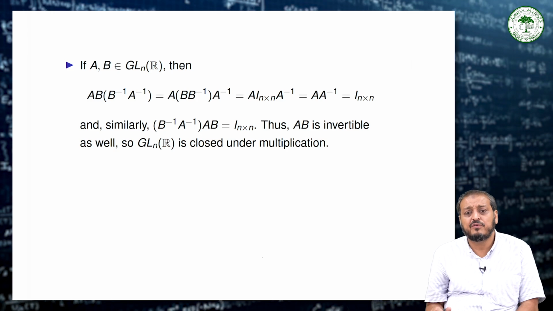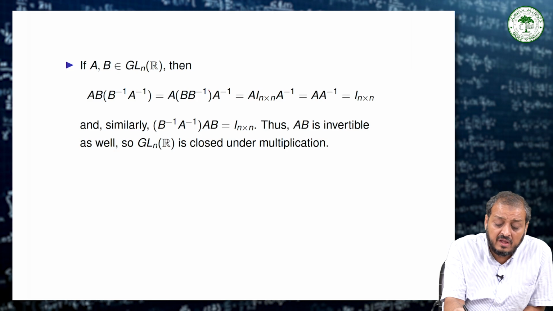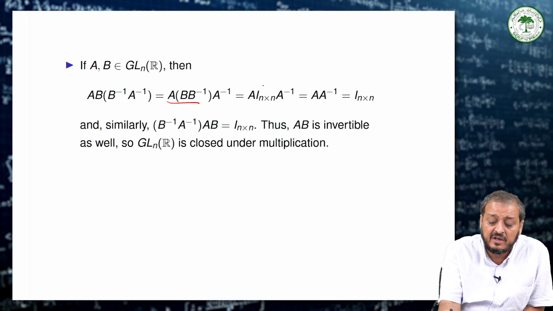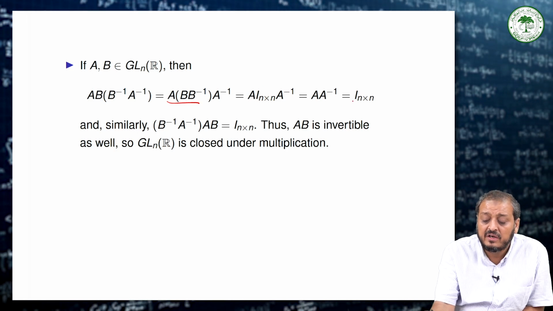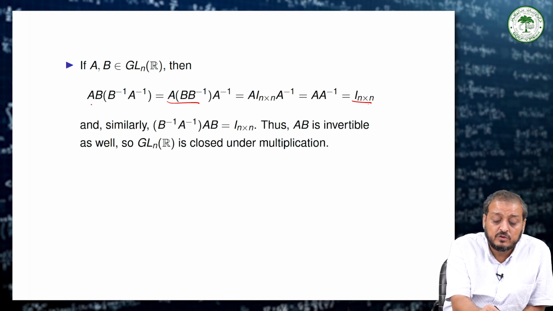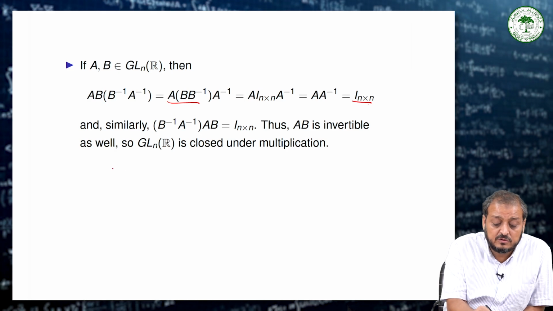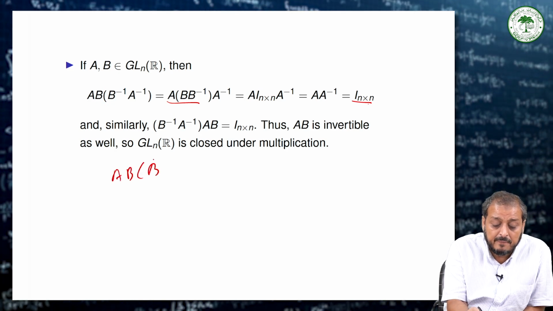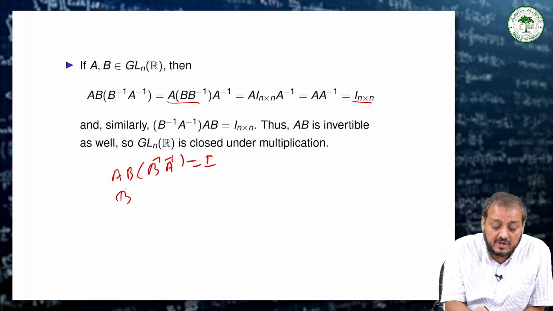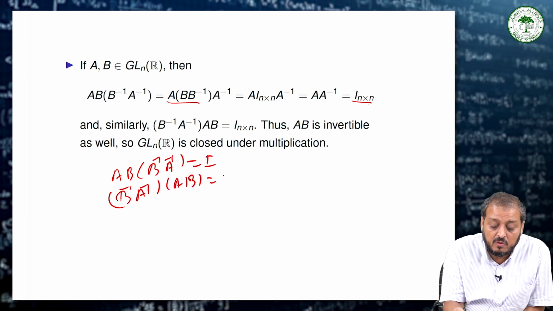We use associativity: we have to show that AB times B inverse A inverse is equal to the identity, and also that B inverse A inverse times AB is equal to the identity.